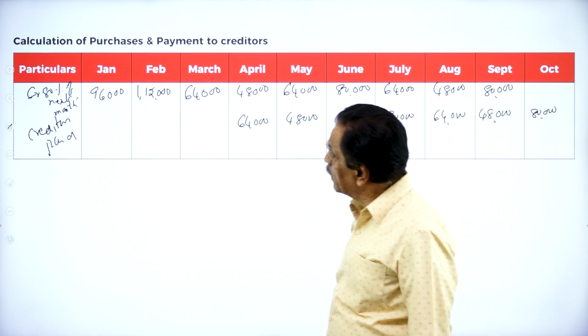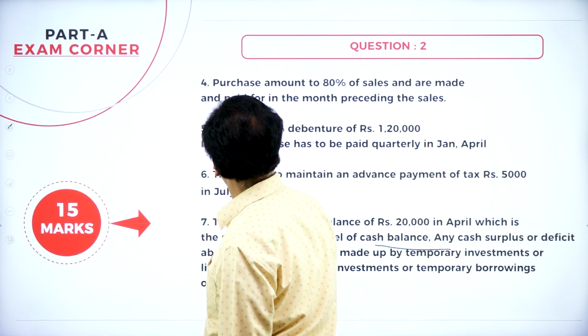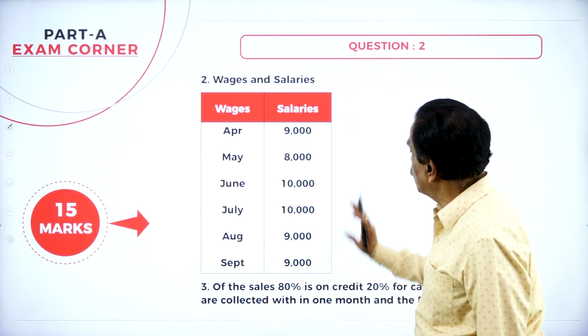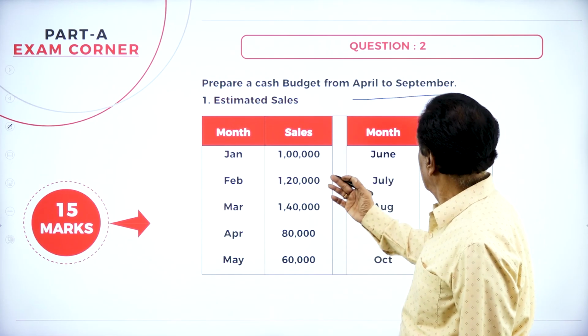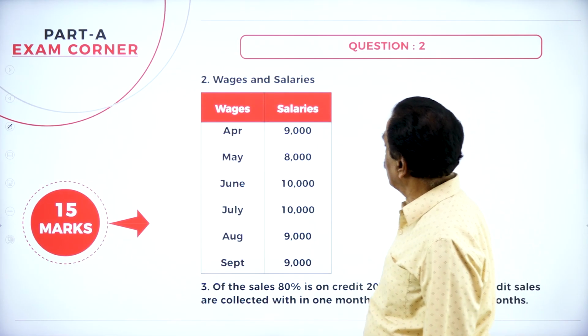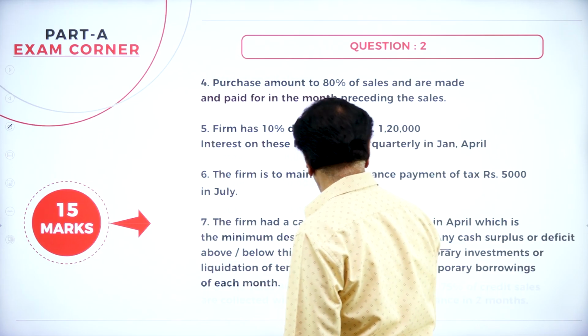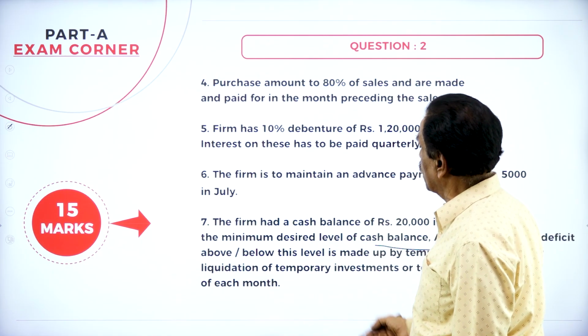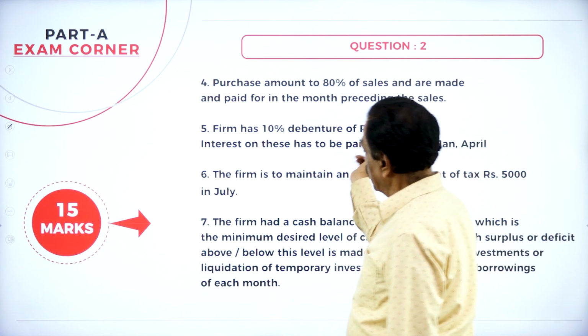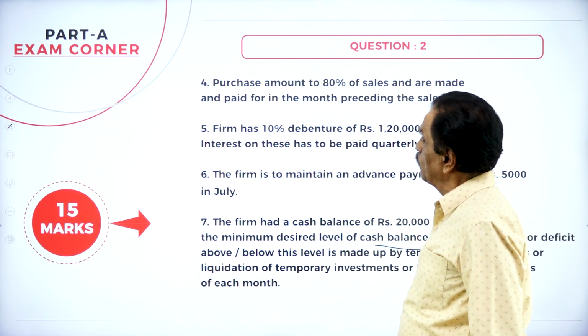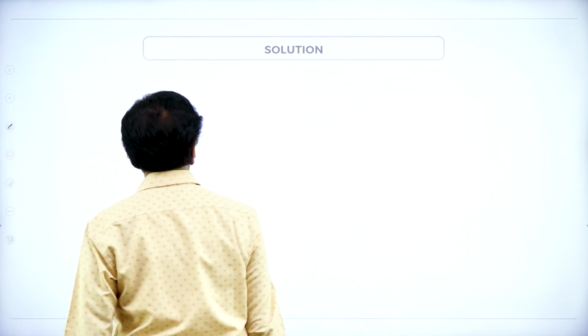Any inflow, see if any inflow is there? No, this is your outflow. Sales are inflow; purchases paid are outflow. For my 10% debenture, this is outflow, this is also outflow. Add the figures.